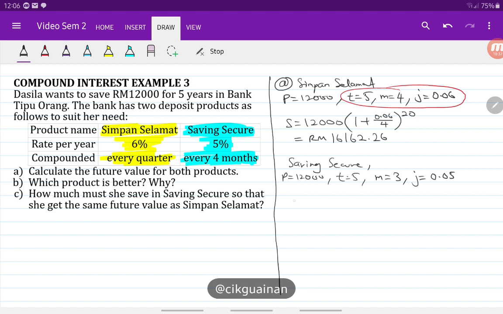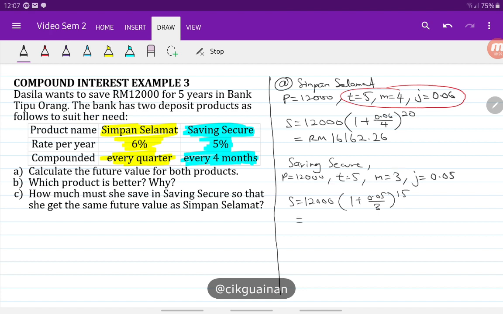So the future value is 12,000 times 1 plus 0.05 over 3, sorry, over 3. And then power 15. Why 15? Because TM is 3 multiplied by 5.